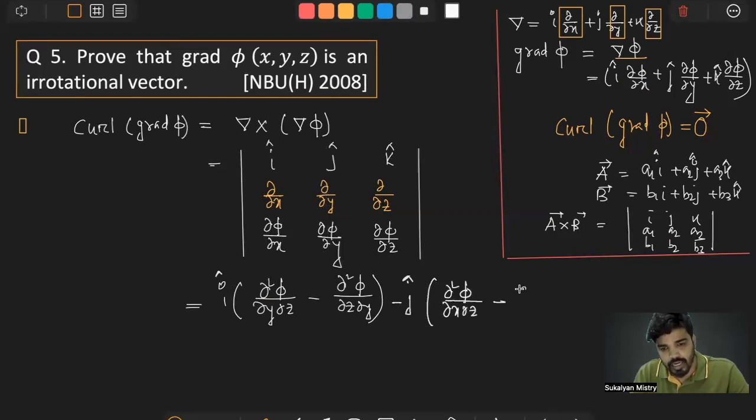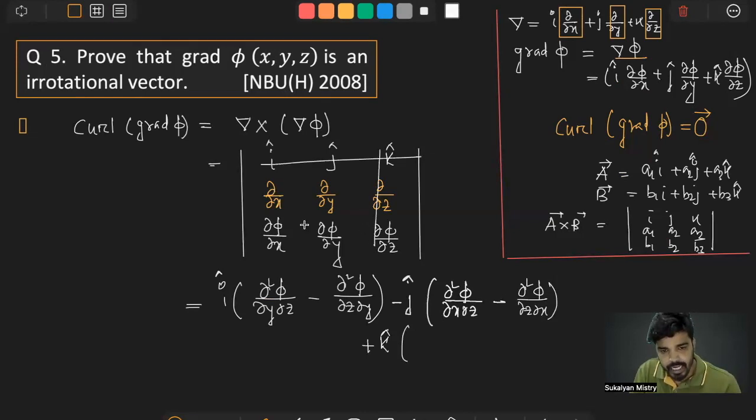Plus k cap: del x into del phi del y, so del 2 phi del x del y, minus del y into del phi del x, so that is del 2 phi del y del x. So del 2 phi del x del y minus del 2 phi del y del x.